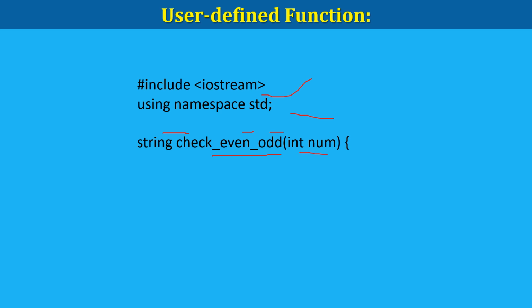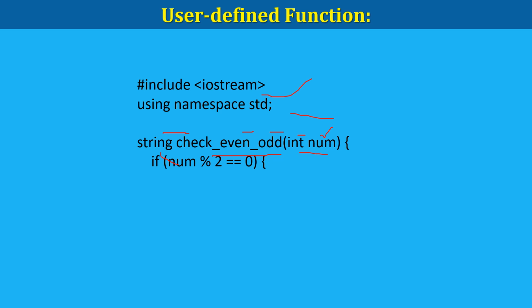int num defines the parameter of the function. It takes one argument, num, which is of type int. This is the number that the function will check, an integer. If num % 2 == 0, this is an if statement that checks if the number num is even. num % 2 is a modulus operation.